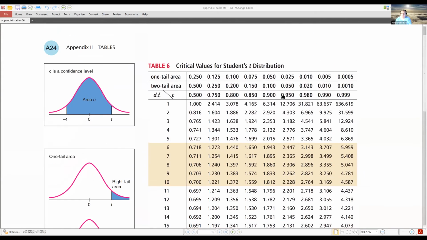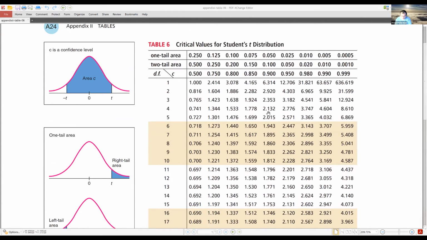So a 90% is right in the middle here. And I want to go down to 7 degrees of freedom. So 1.895. So far, so good.